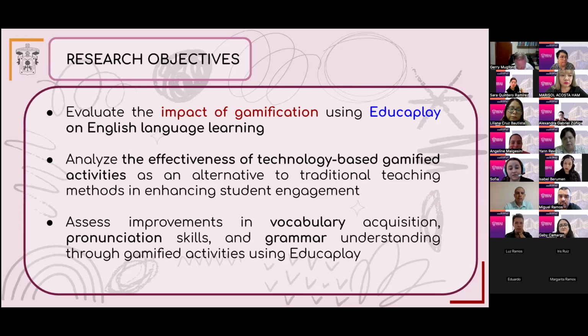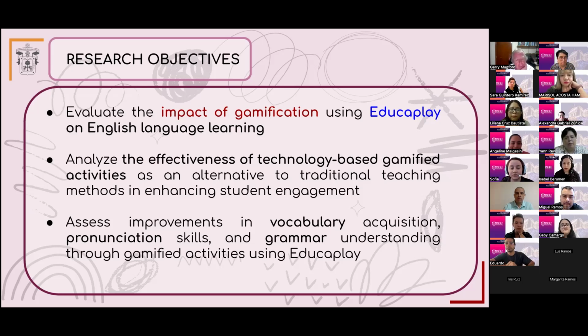The research objective of this study is to evaluate the impact of educational gamification on English learning, unlike traditional methods, to improve student engagement and also improve vocabulary, pronunciation, and grammatical skills. I must clarify that my objective is only the contrast between gamification and traditional methods.